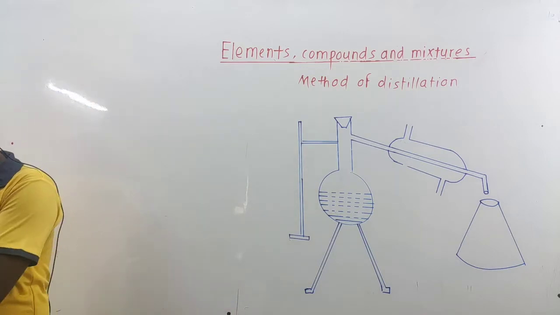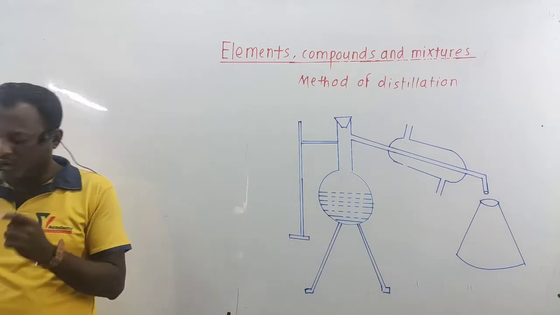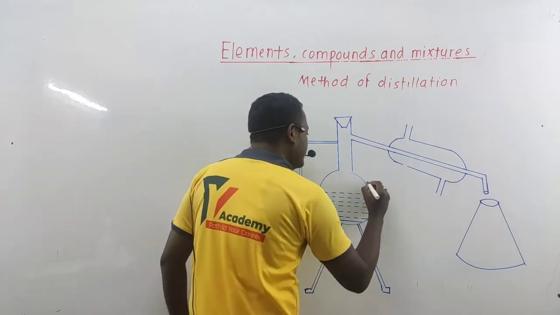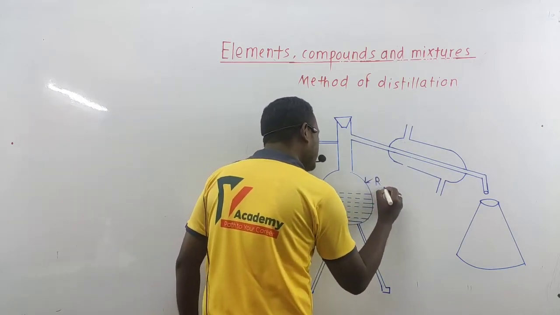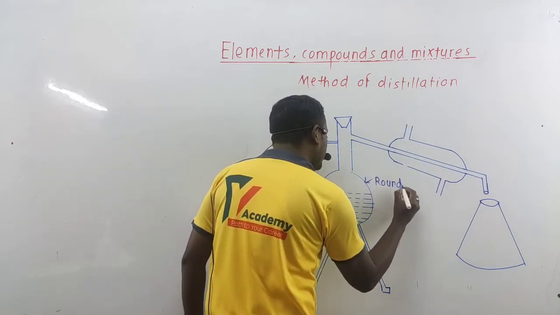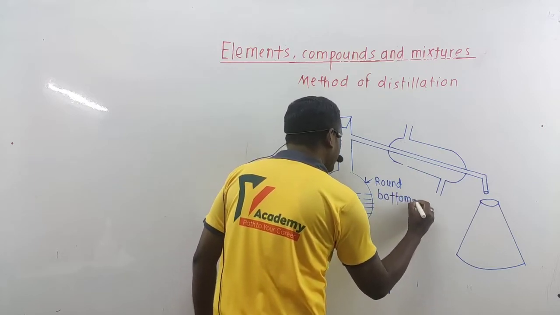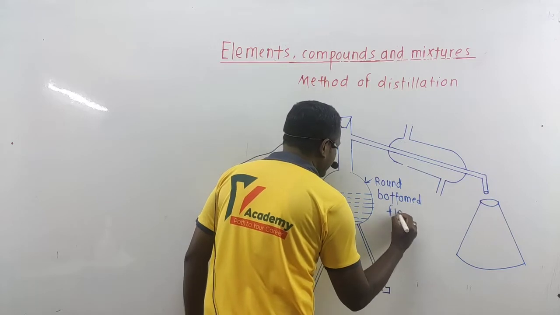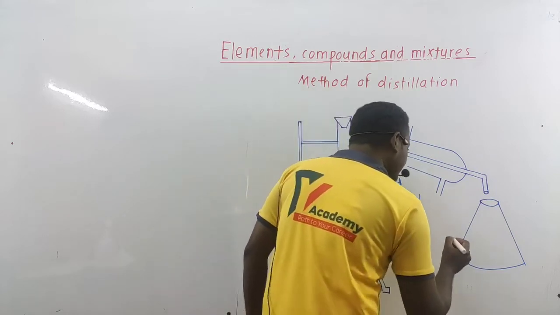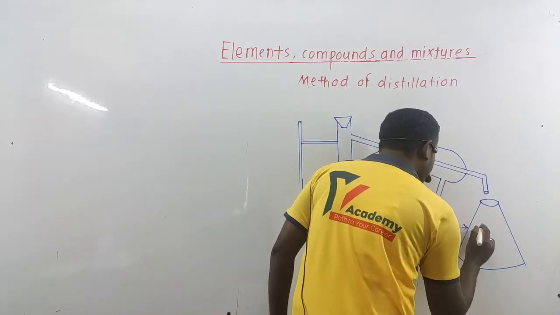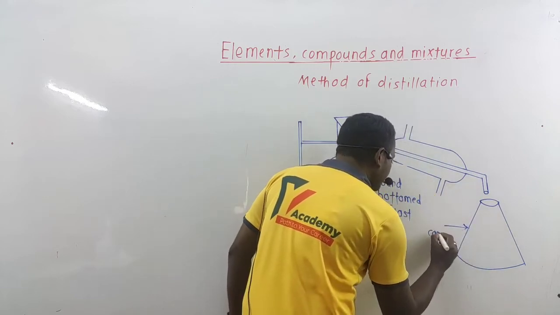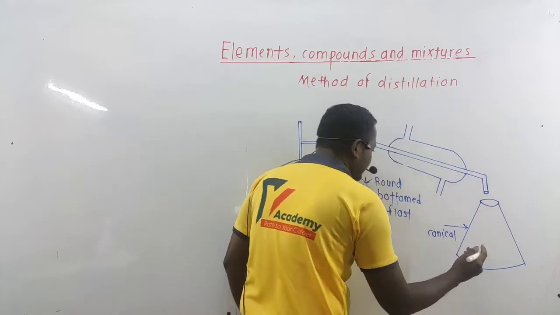This is a round bottomed flask, and this is a conical flask. It is in the shape of a cone.